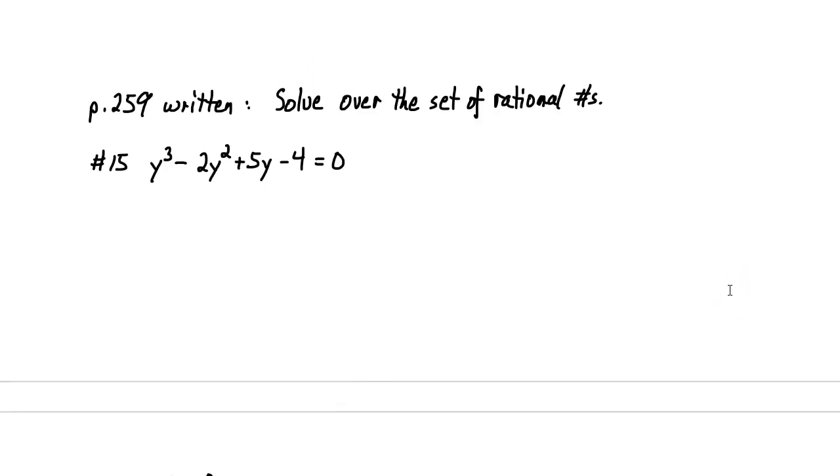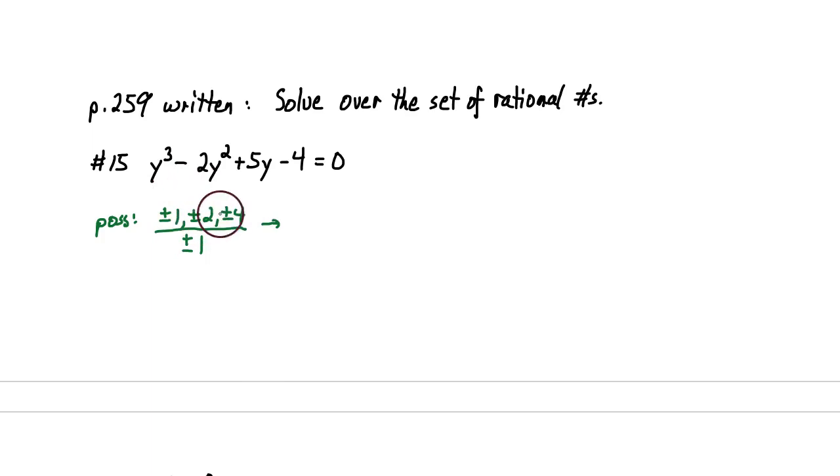Page 259 written, we're asked to solve the equation. A complicated equation like this with many terms shows why knowing what the possible rational roots are is helpful. So let's first think about our possibilities. Factors of negative 4 are positive and negative 1, positive and negative 2, and positive and negative 4. Factors of the leading term of 1 are positive and negative 1.